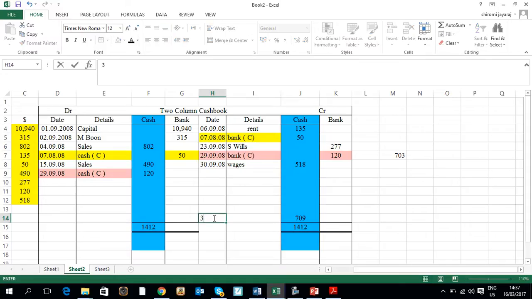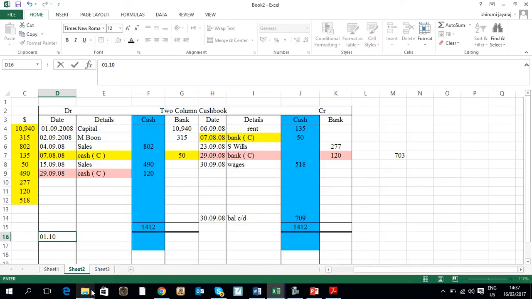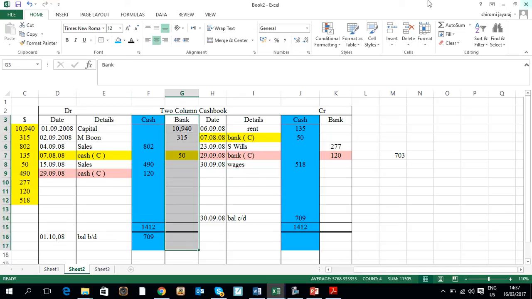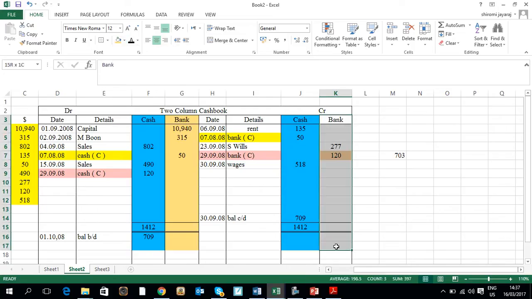So this will be as at 30th 9/08, as balance carried down, and then on to the next date, which is 1/10/08, balance brought down 709. Okay. Now let's balance off the two bank columns. When you make a comparison with the two bank columns, you can see the debit side is greater.